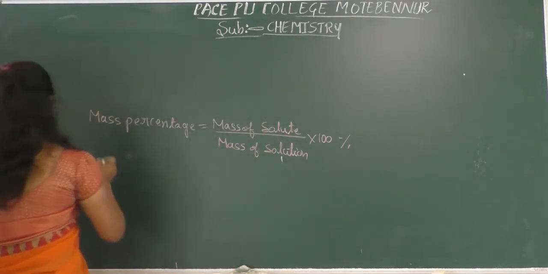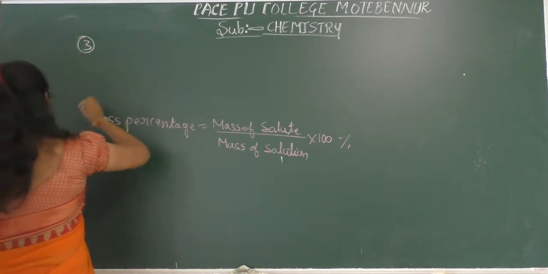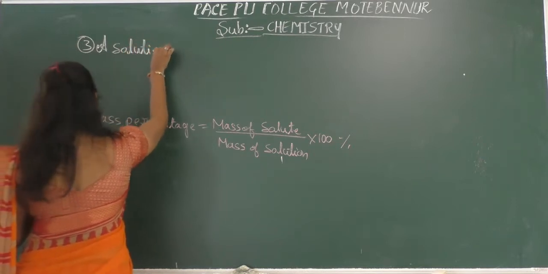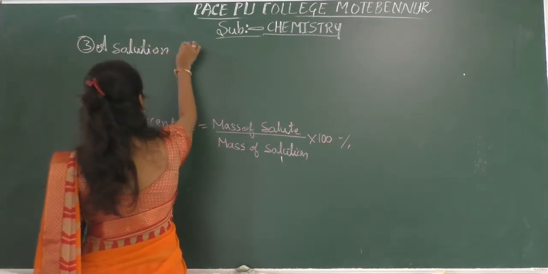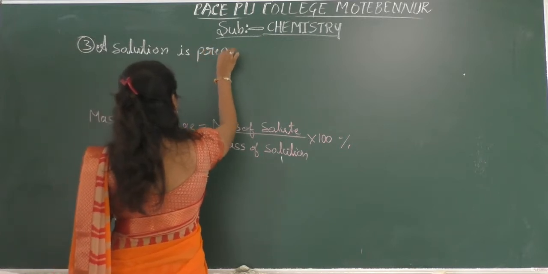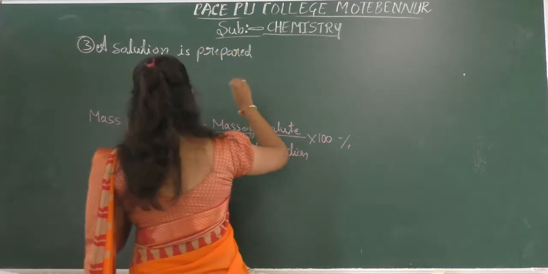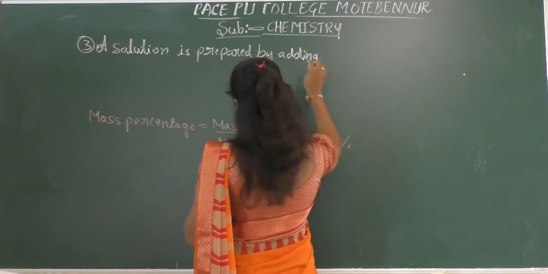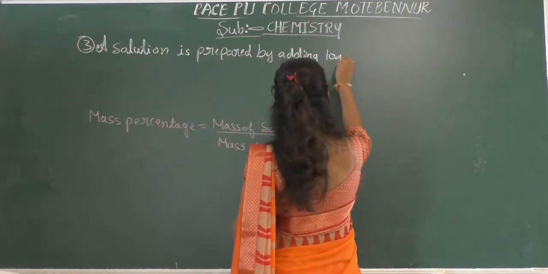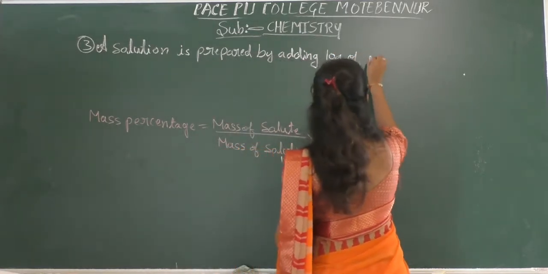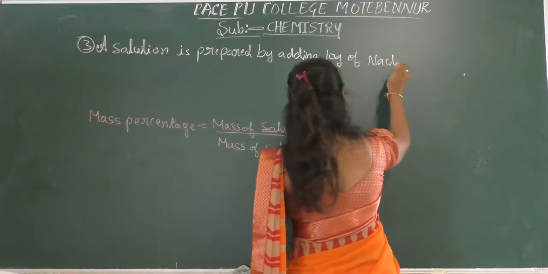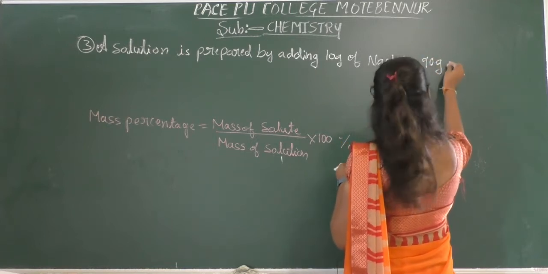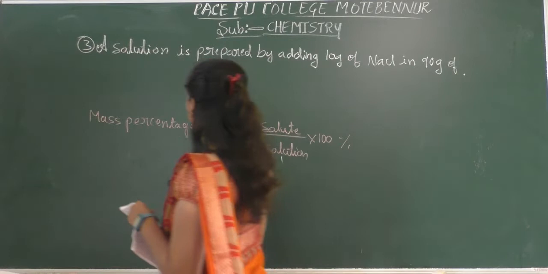Third one. A solution is prepared by adding 10 grams of NaCl in 90 grams of water.